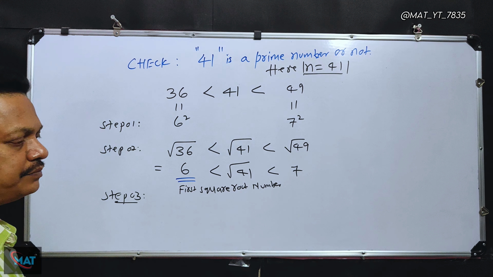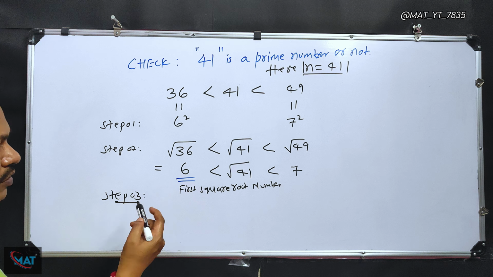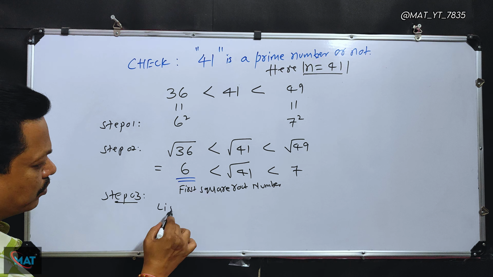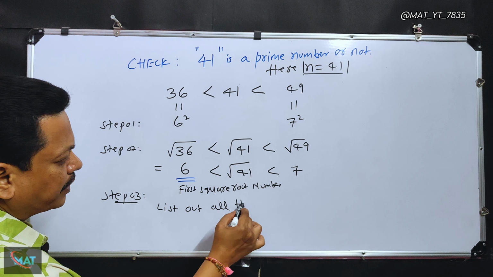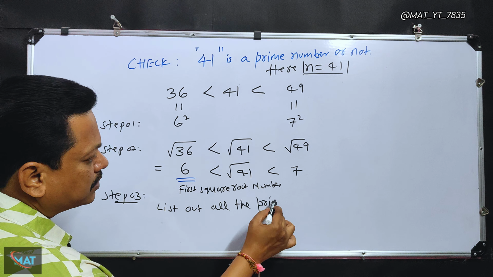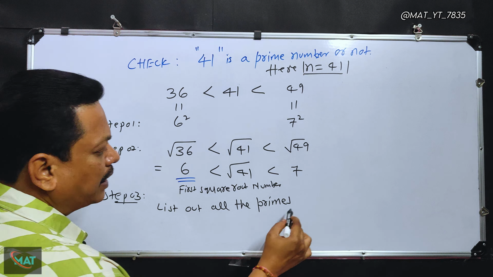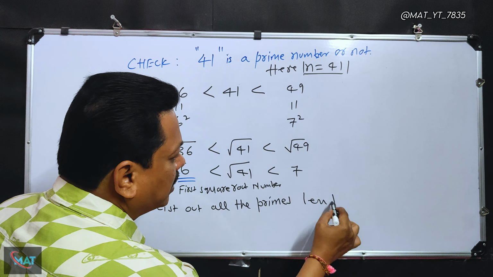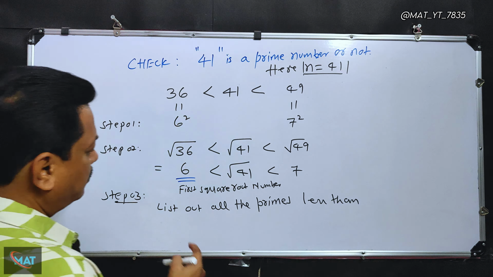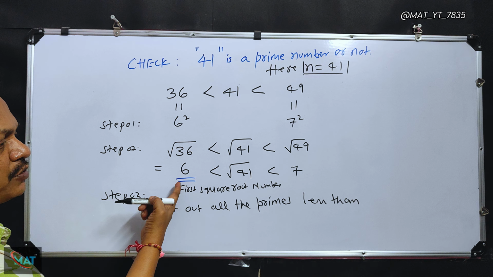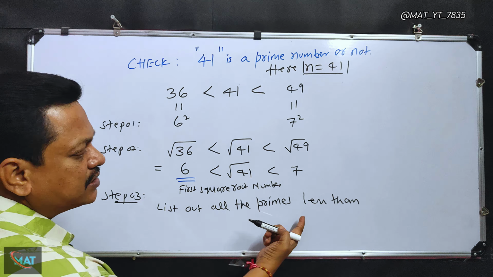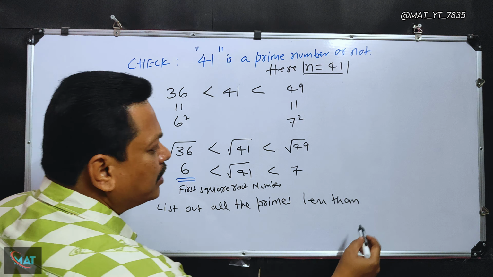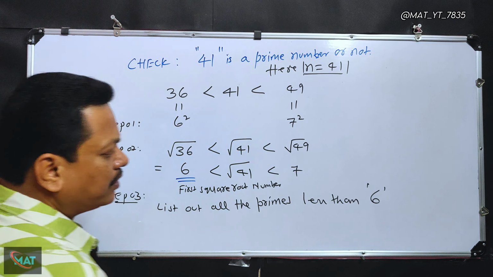Because 6 is a composite number, we write only less than. If it is a prime number, you must write less than or equal to. Here, primes less than 6.